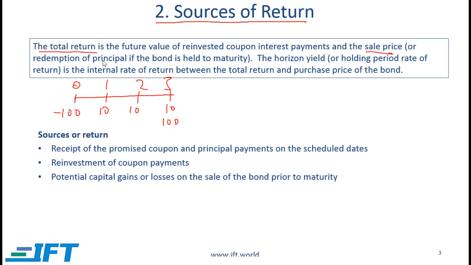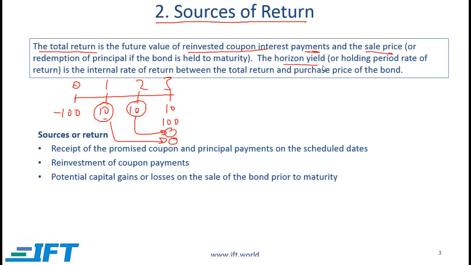The total return is the future value of the reinvested coupon interest payments. The assumption here is that these coupon payments are reinvested and they will have a future value. The total return is going to be the future value of the coupon payments that are reinvested, and we'll see this in detail in future slides.